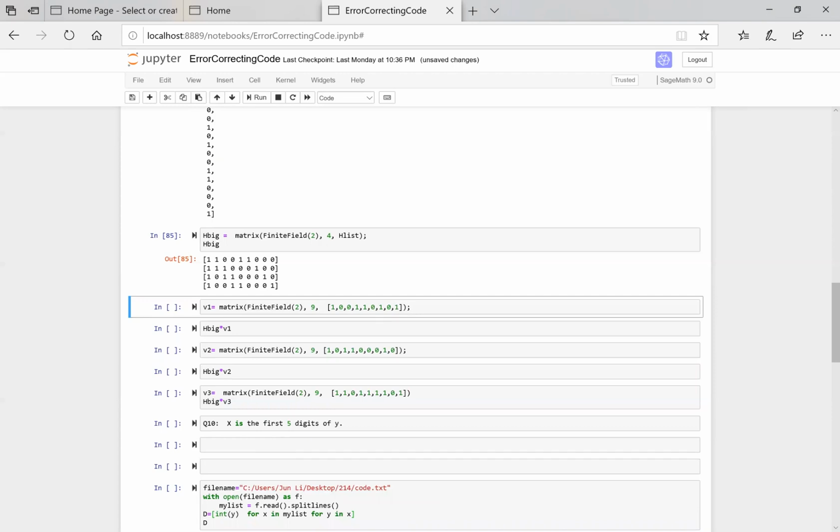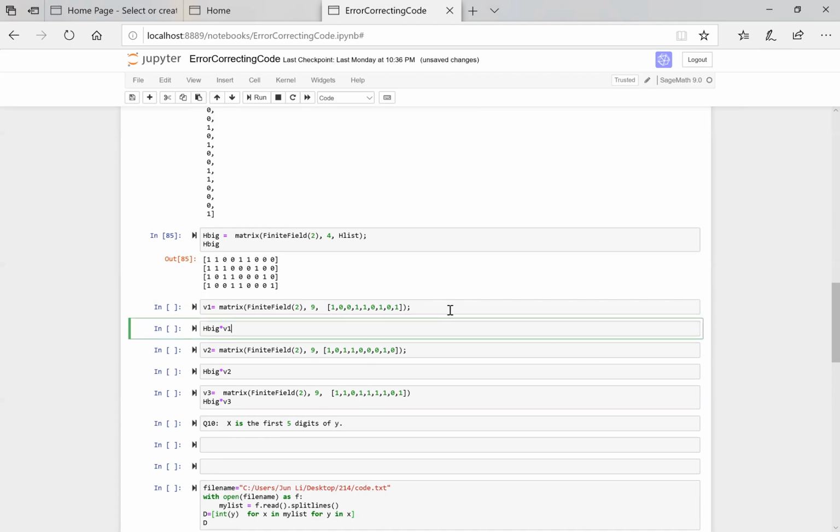All right, then let's read problem 9. For example, we received 3 vectors, 1, 0, 0, 1, 1, 0, 1, 0, 1 for the first one. So I had it here, and the other 2 I had here. So how do we tell whether or not this is the image of G big, or whether or not there is an error?